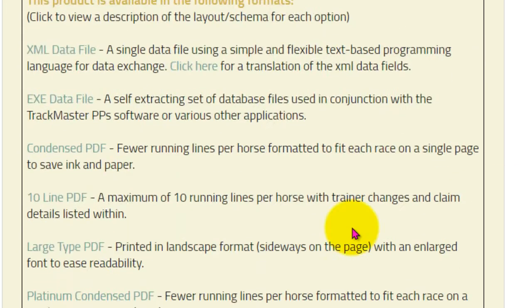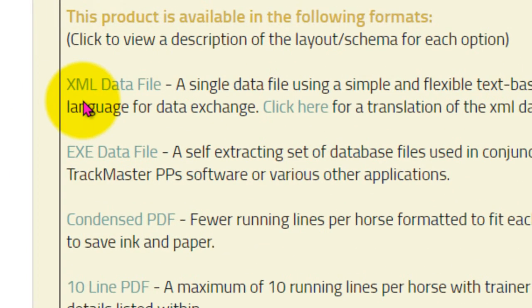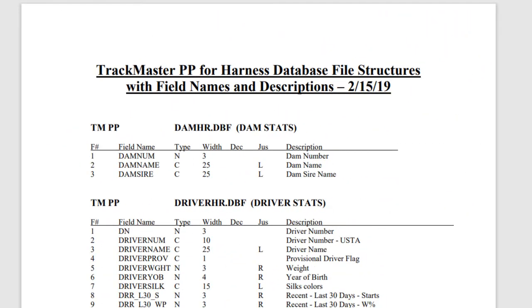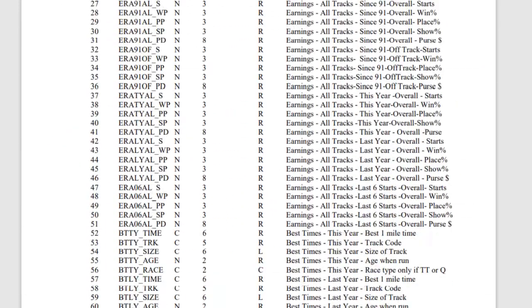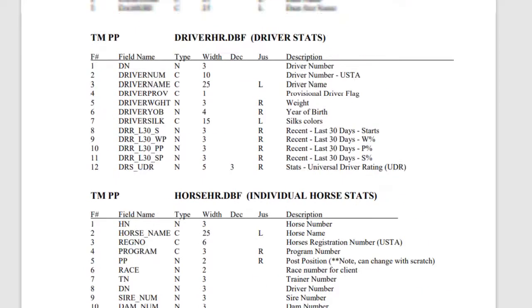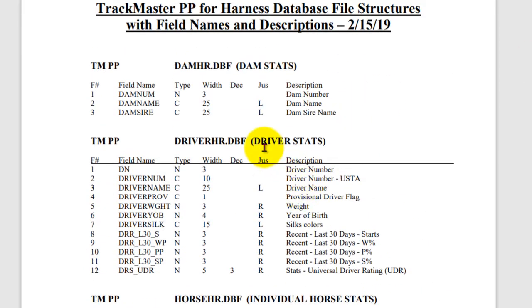Again, they're what's called a single data file, and we're going to be using the exe. They're executable files. They're going to be self-extracting. If you click here, TrackMaster actually shows you every one of the fields that the program will be pulling in. Okay, so I just wanted to show you that.